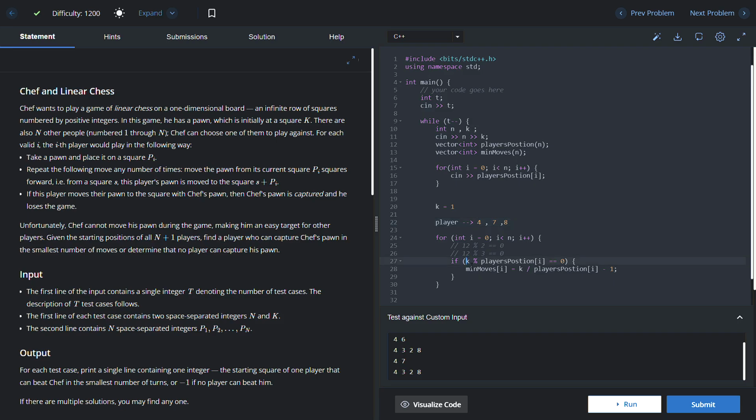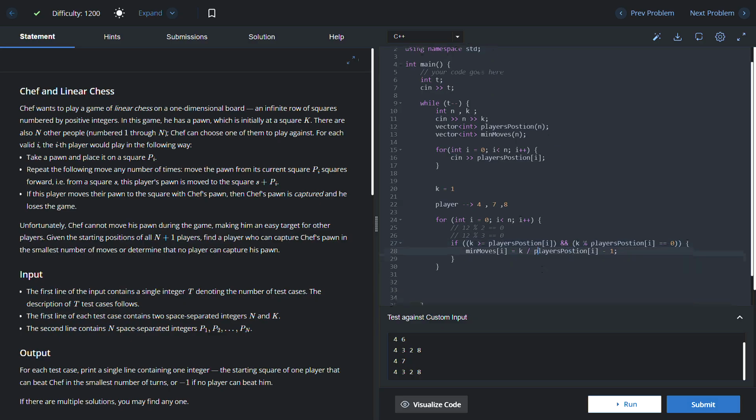So for that, we also have to put one more condition, that is K is greater than or equal to player's position I. Right? I think now it works perfectly.